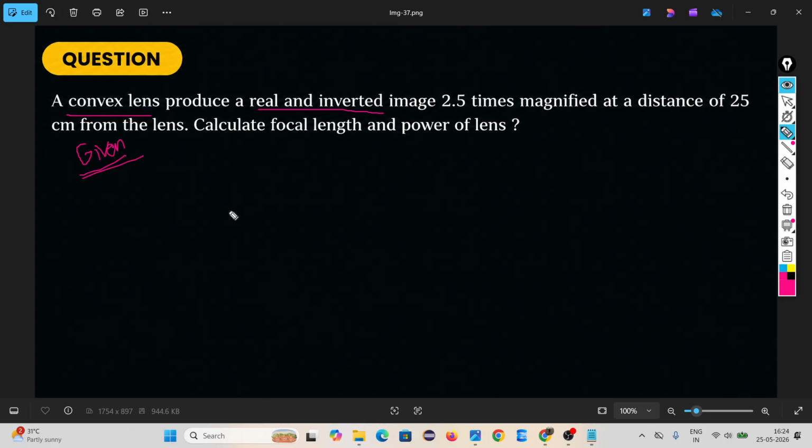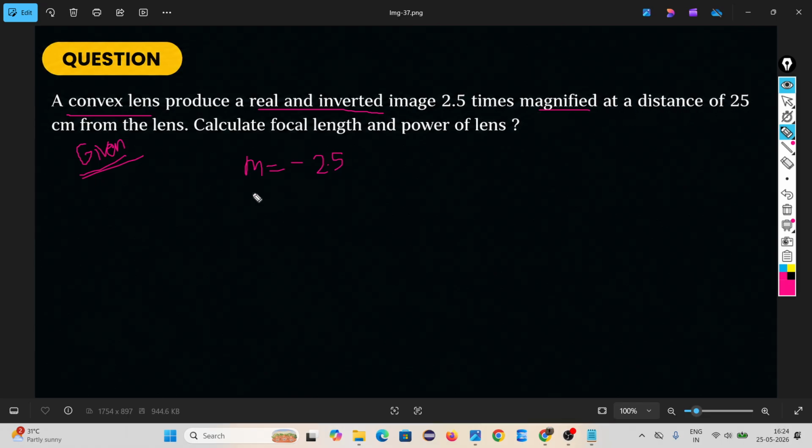It is real and inverted. First, tell me what are the given things. M is given. Magnified means M is given, 2.5. Okay, is 2.5 positive or negative? Real and inverted, so negative. Then, a convex lens produces a real and inverted image 2.5 times magnified at a distance of 25.